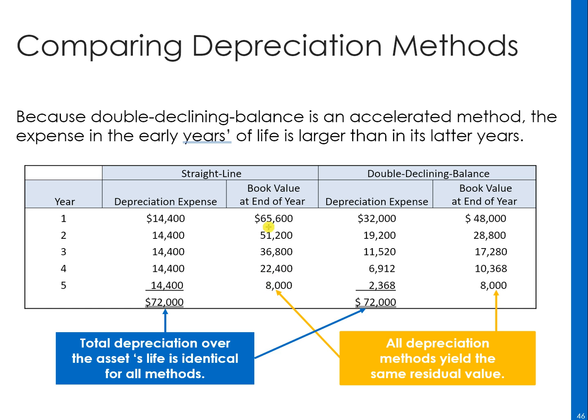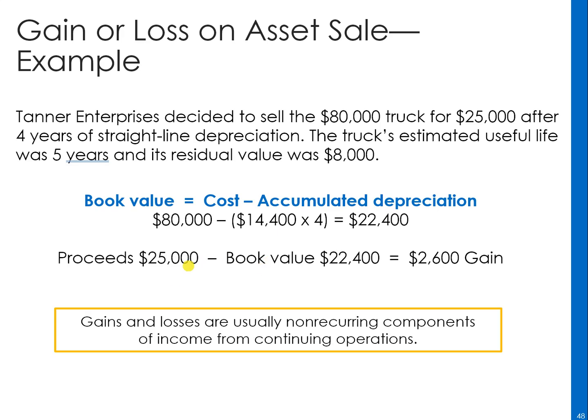Let's go back to this table. By the end of the 4th year, under the straight line method, the remaining book value will be $22,400. So if we sell it for $25,000, obviously it's greater than the book value, and we're going to book a $2,600 gain.